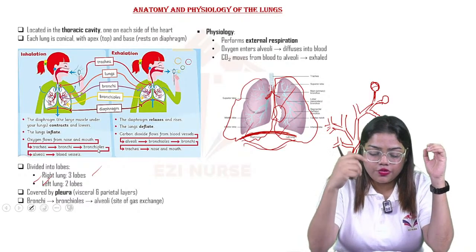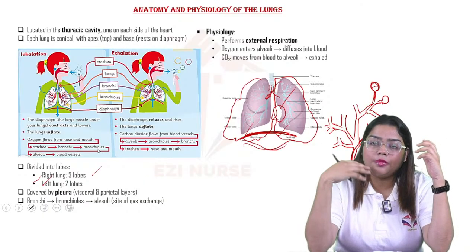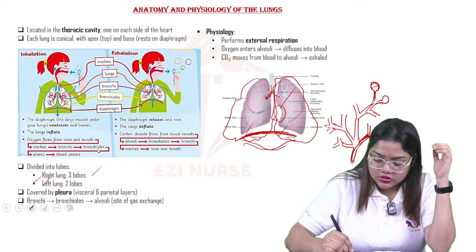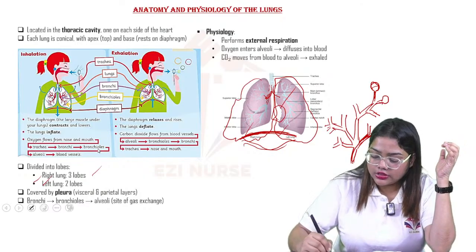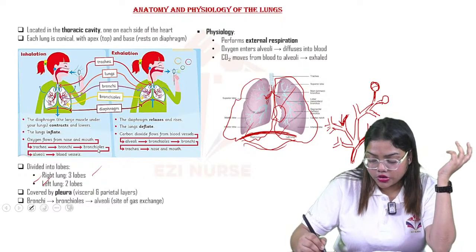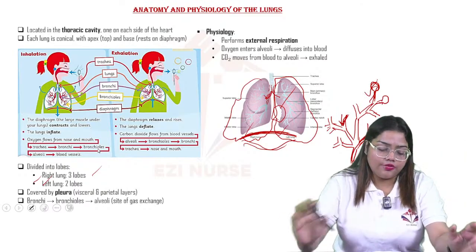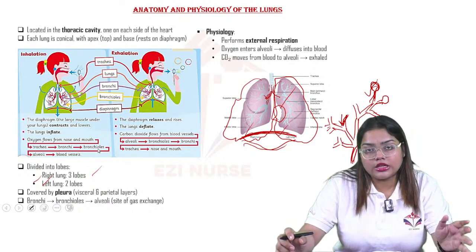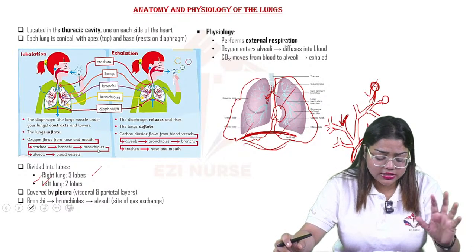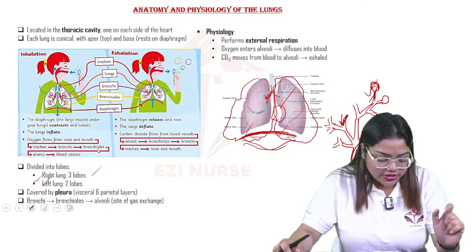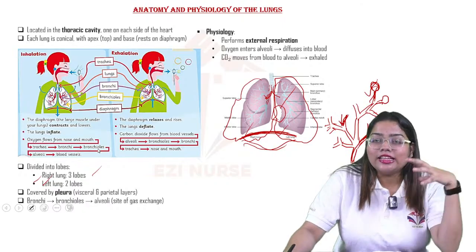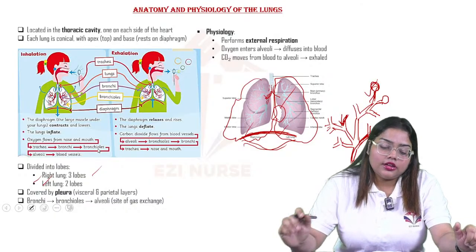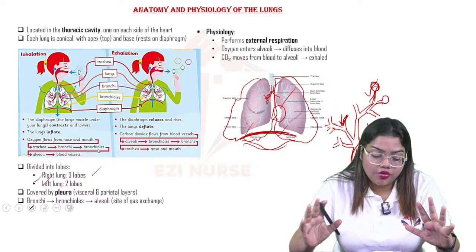Then the oxygen will flow from our nose and mouth to the trachea, from the trachea to the bronchi, from the bronchi to the bronchioles, and from the bronchioles to the alveoli. From the alveoli the oxygen will dissolve into the blood vessels, and this is the main mechanism of the inhalation process.